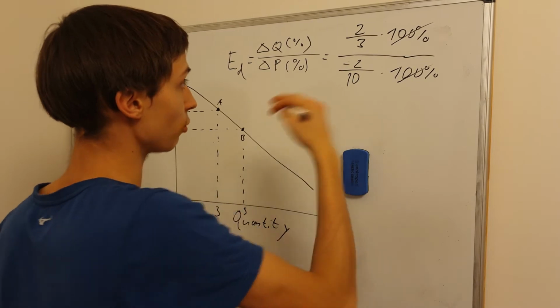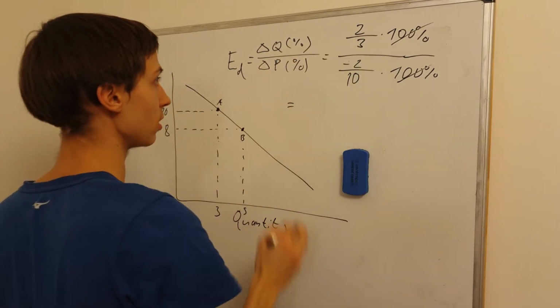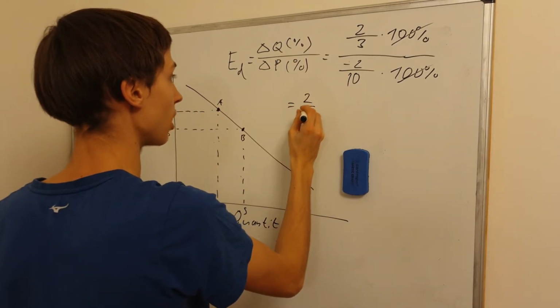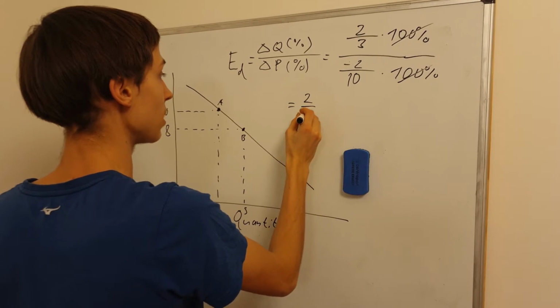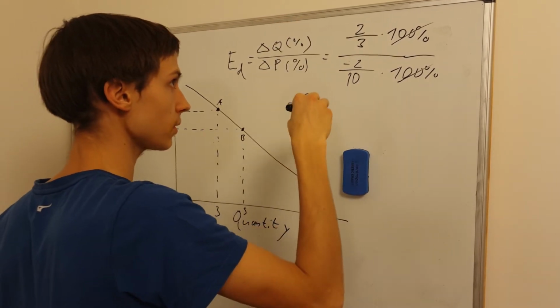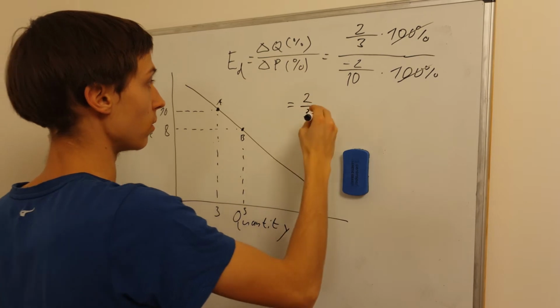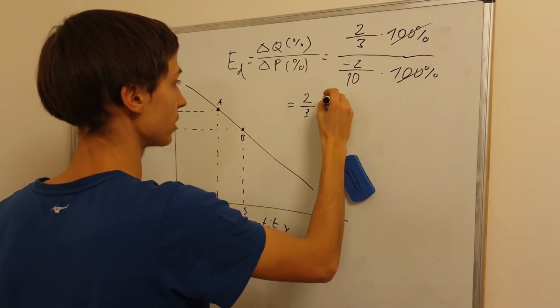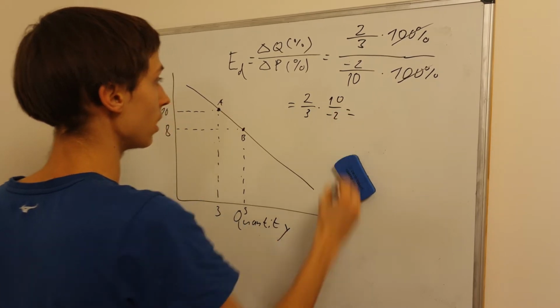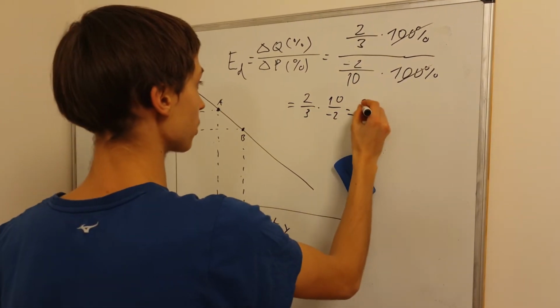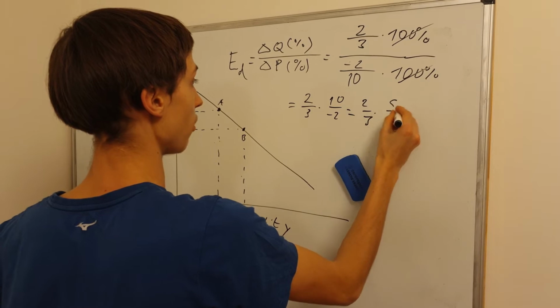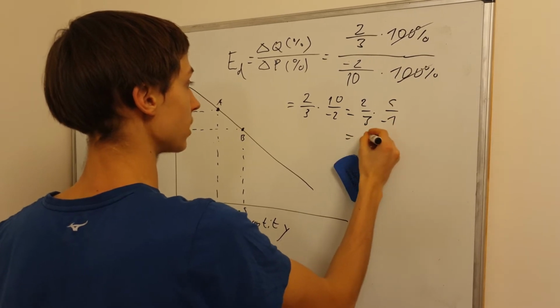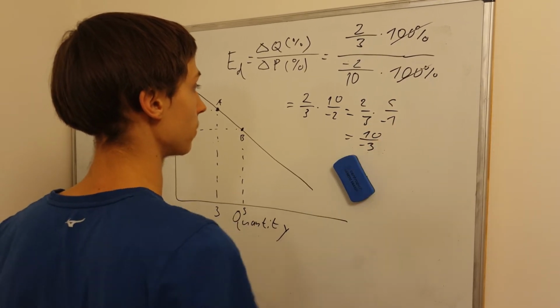And if we divide two fractions, a division by a fraction is multiplication by the reciprocal. So it's 2/3 times 10 over minus 2. And this is 2/3 times 5 over minus 1. And it is 10 over minus 3.